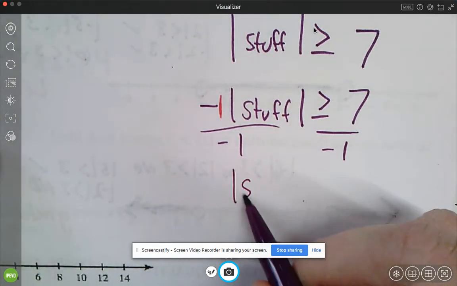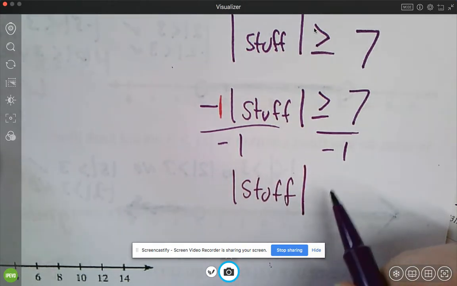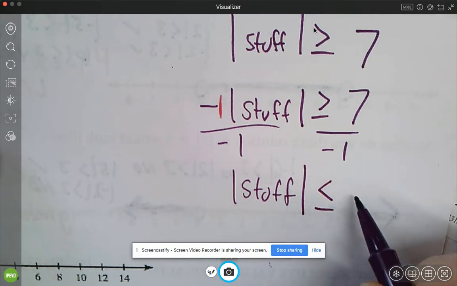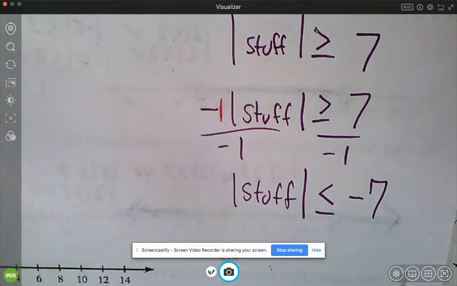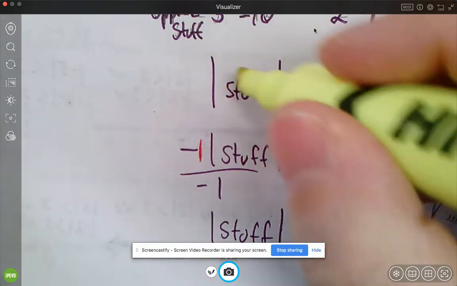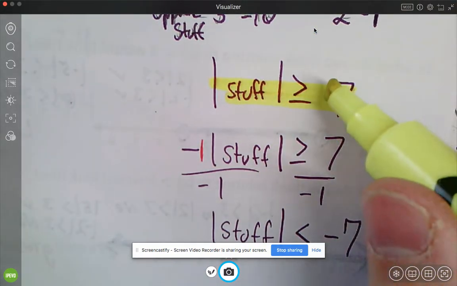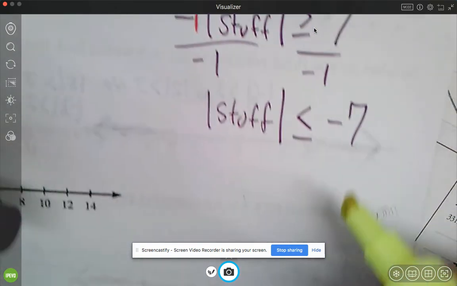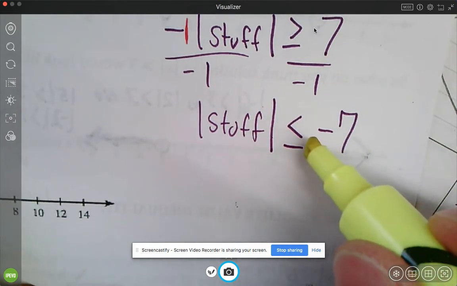So then we're left again with absolute value of stuff, and now we switch it, is less than or equal to -7. So when you write your two possible solutions, you have stuff greater than or equal to the positive version of the answer, and then you write the -7, but then you have to also switch the inequality.